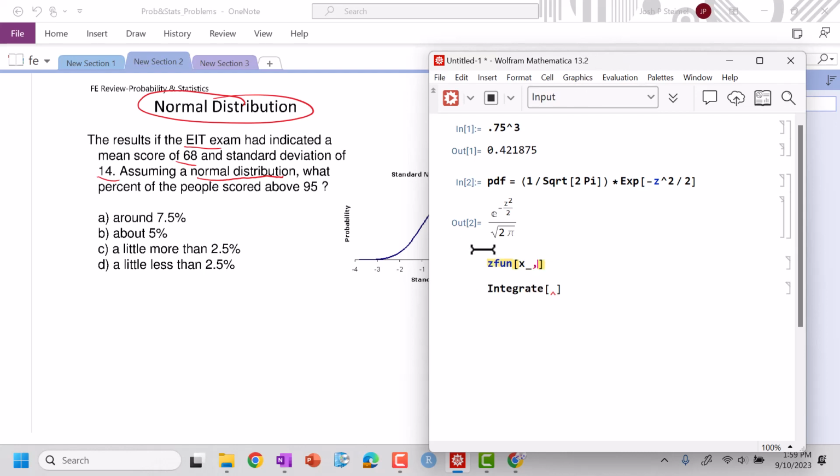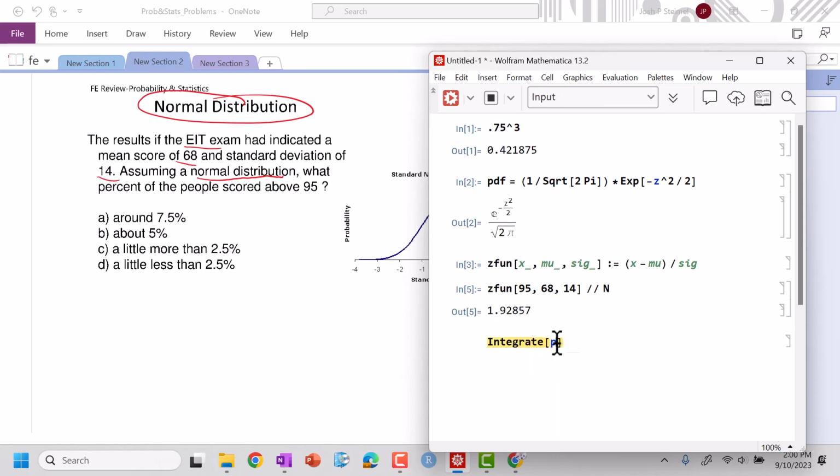Our z function takes our measurand x, our mu, and our sigma, and our z value is going to be x minus mu divided by sigma. Here we're saying x is 95, the mean is 68, sigma is 14. So we look at this value here, 1.92.